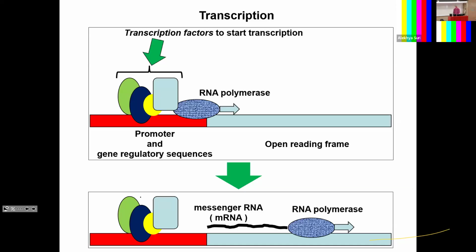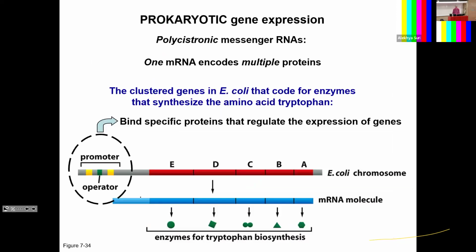And RNA polymerase is activated once the correct transcription factors are bound. And so RNA polymerase will synthesize the messenger RNA. So we will just briefly cover prokaryotic and eukaryotic gene transcription.